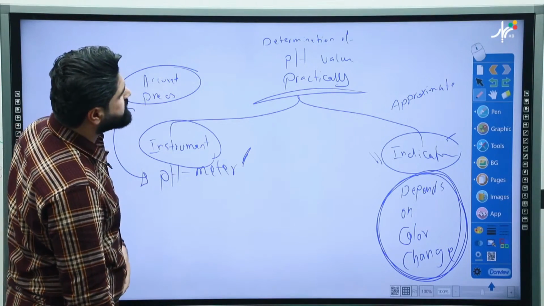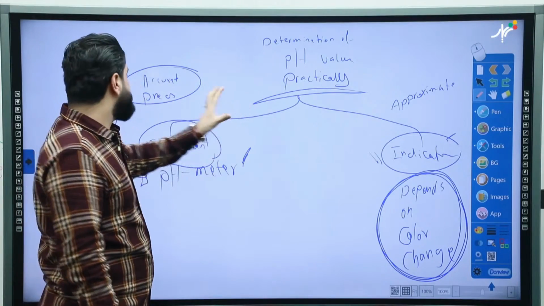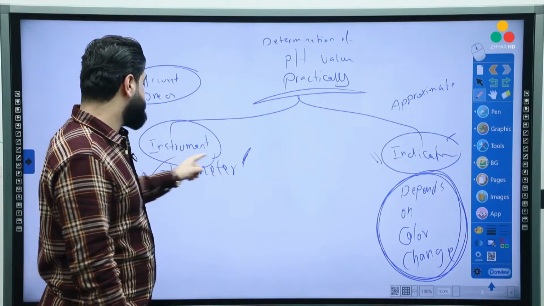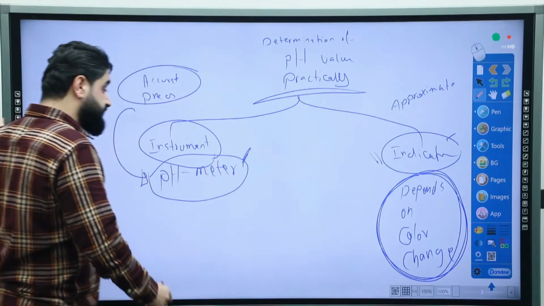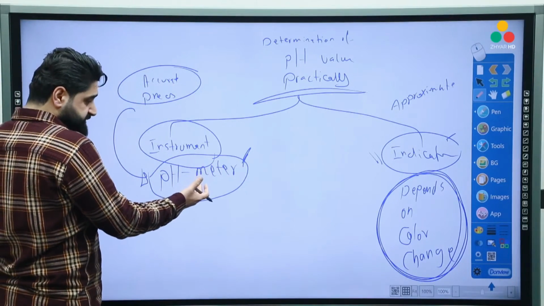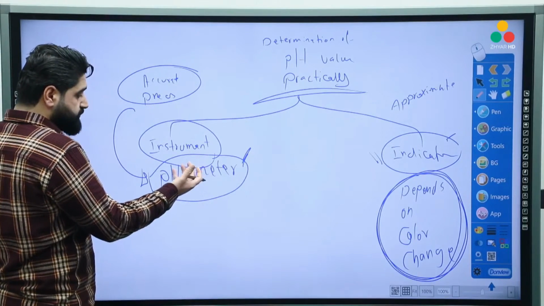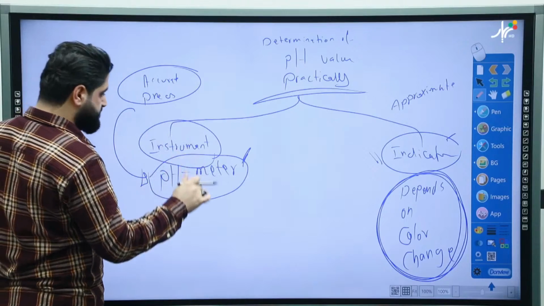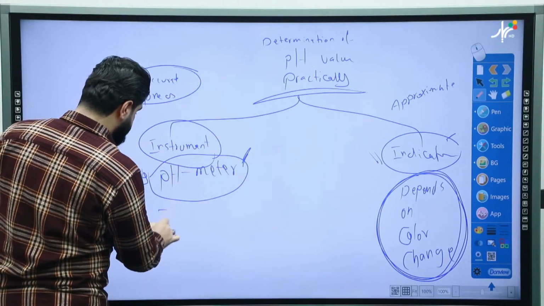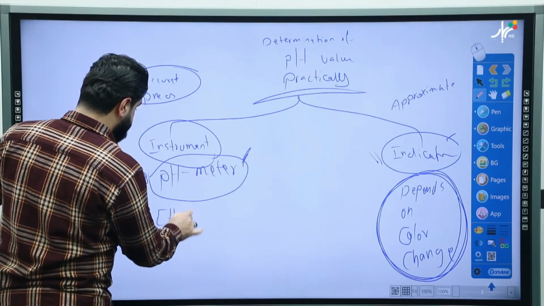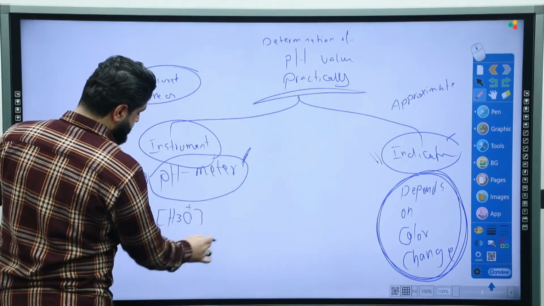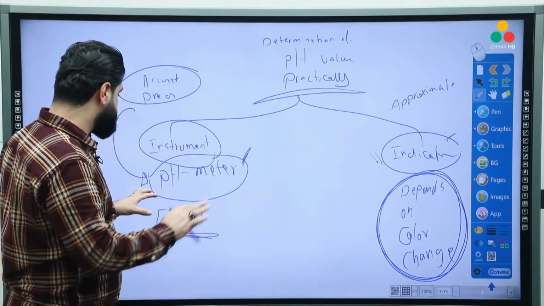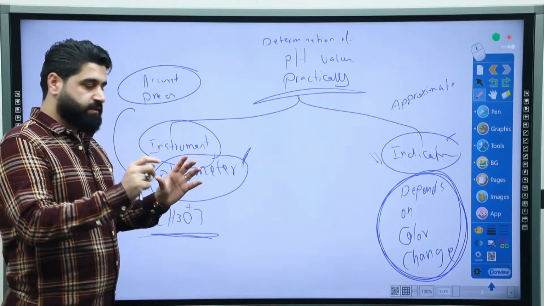So how can we determine the value of pH accurately and more precisely? We have the pH meter. The pH meter measures pH in any solution very precisely and accurately, based on H3O concentration and the difference between two electrodes' voltage.